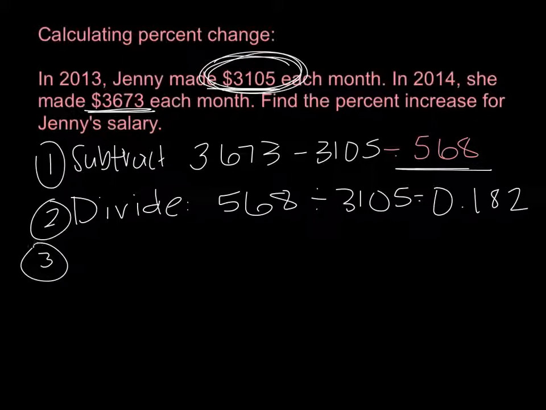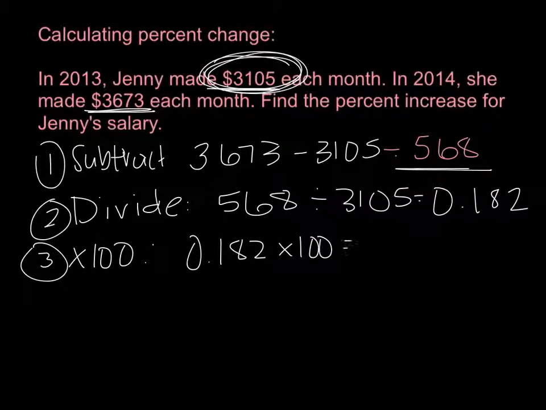And then your third step is to change it to a percent, so we're going to multiply by 100. So we're going to take 0.182 times 100, which would be 18.2%. So her percent increase for her salary was 18.2%.